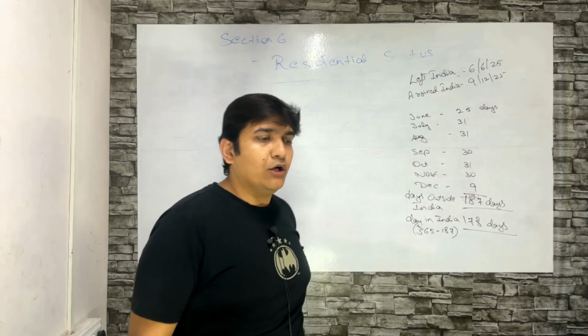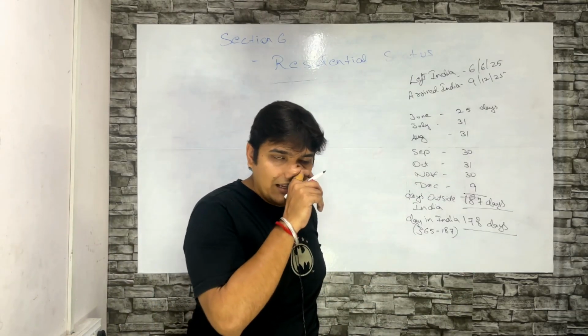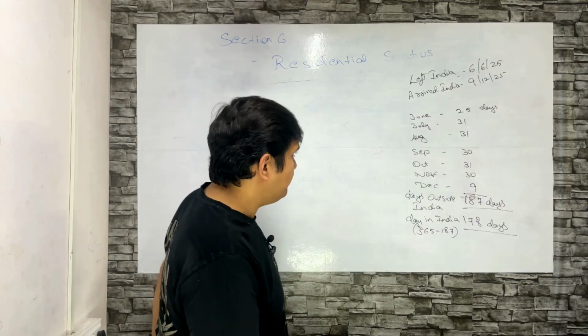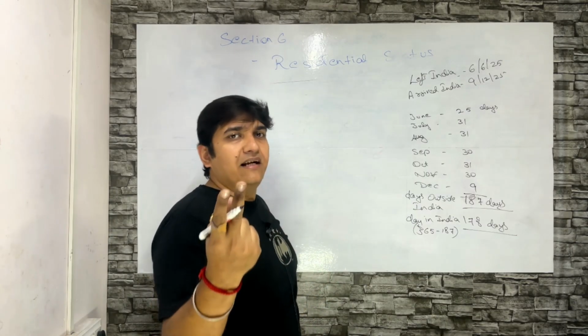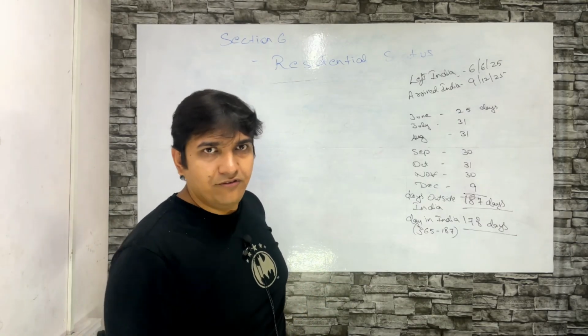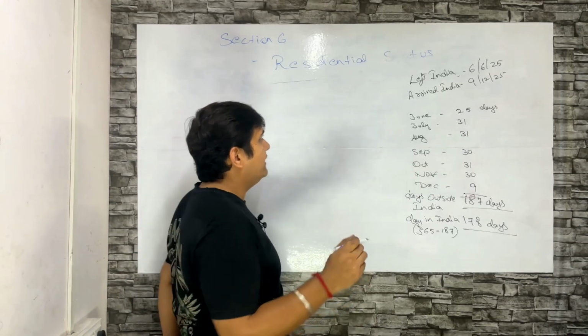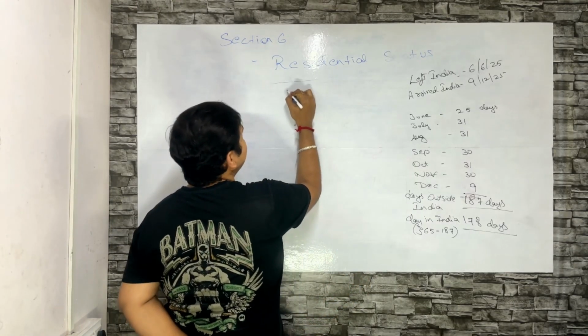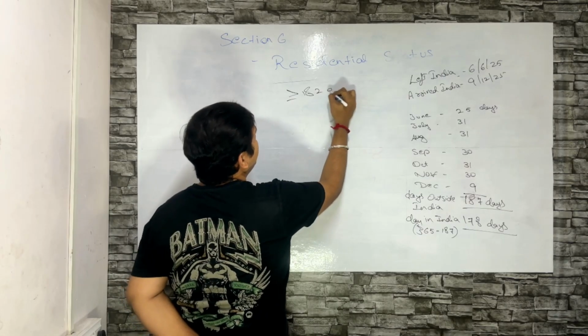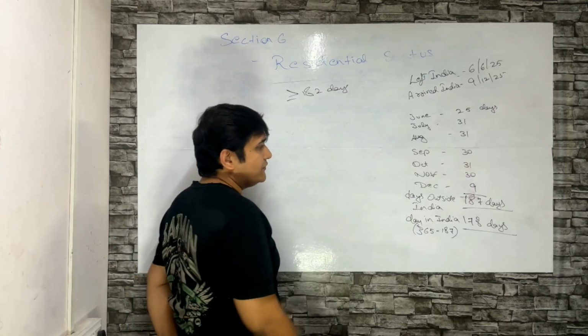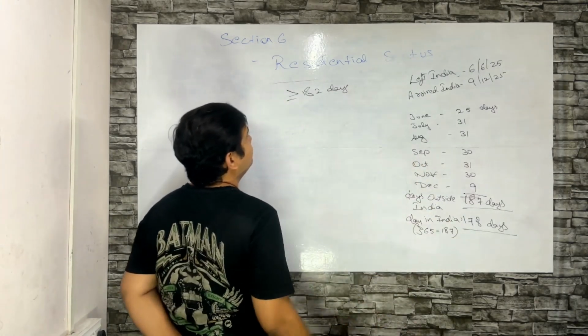Now, since he is a crew member of a ship, the second basic condition, that is 60 days or more, is waived off. You don't have to check. So we only have to check whether the first condition is satisfied. Is the first condition satisfied? That is more than or equal to 182 days. Is it satisfied? No, it is not.